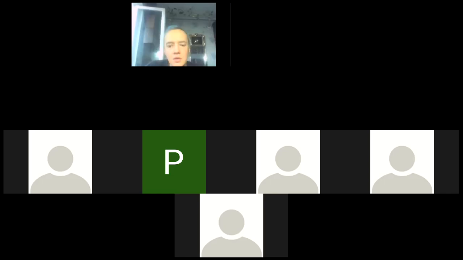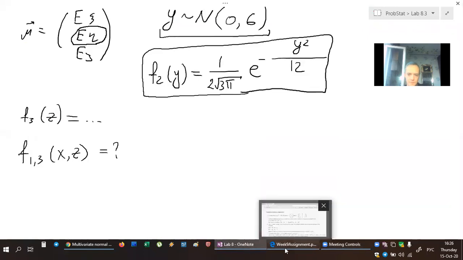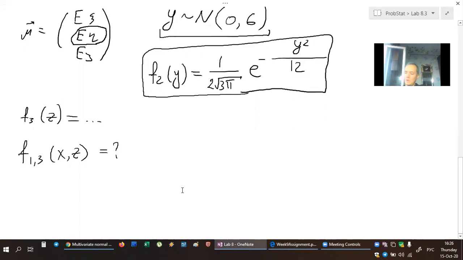Okay, guys, any results? So as I said before, here we have to find the PDF of a random vector, which consists of two components.